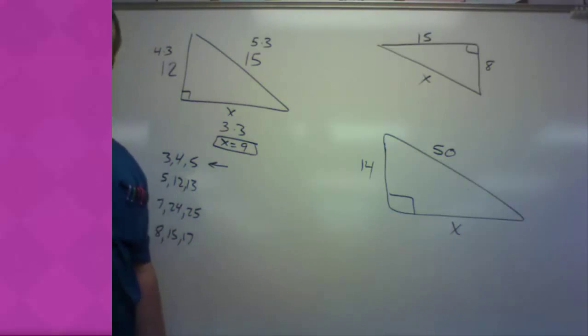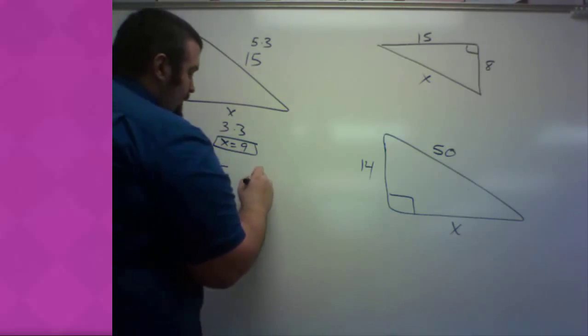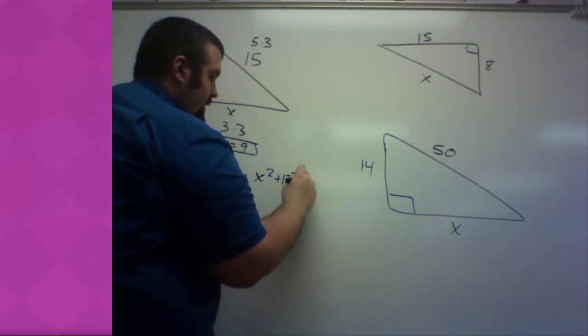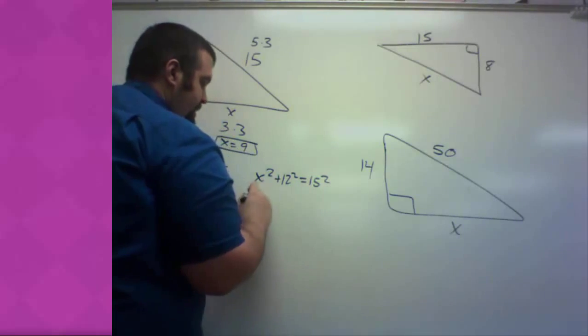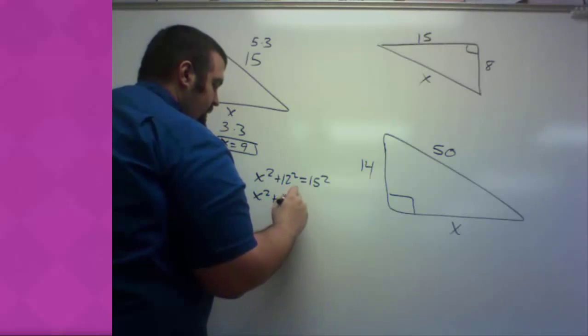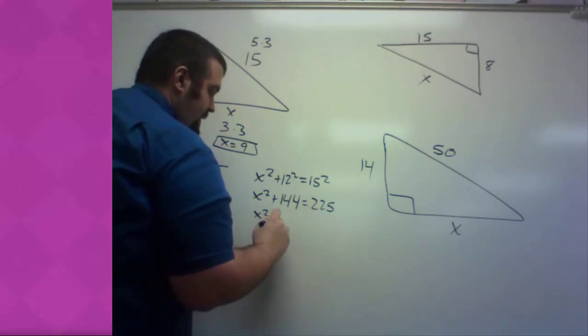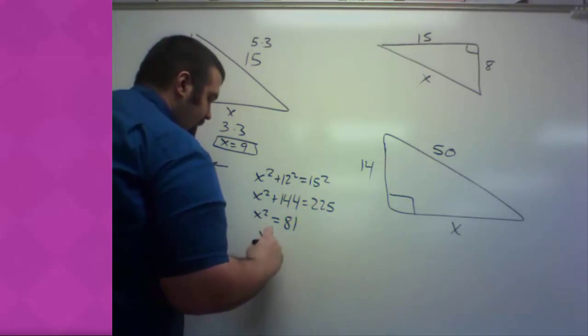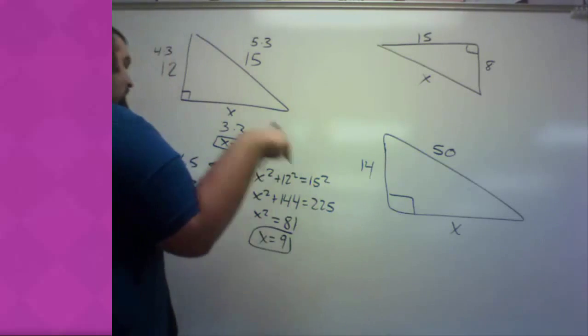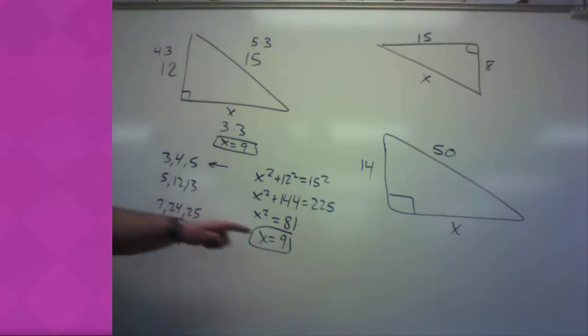Go ahead, plug it into Pythagorean's theorem. X squared plus 12 squared equals 15 squared. X squared plus 144 equals 225. X squared equals 81. Square root both sides, x equals 9. Wow. You mean I did that without having to do this because I knew the triple.